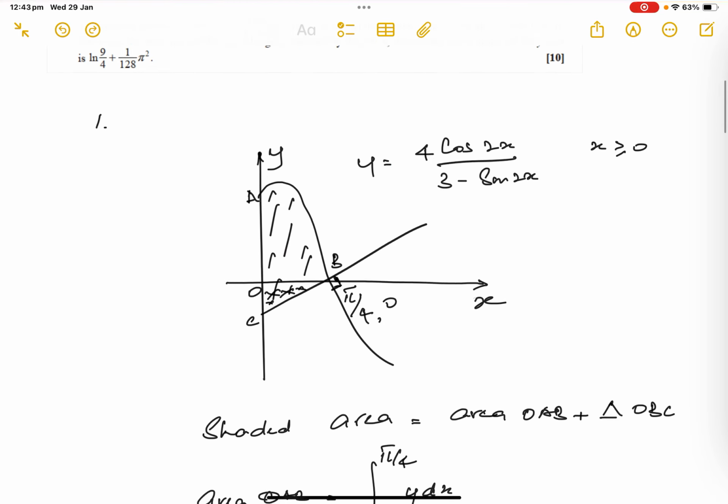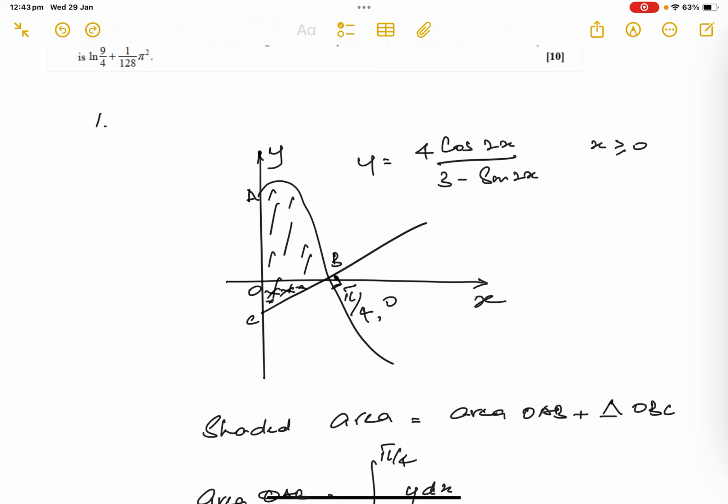I have redrawn the diagram to mark the intersections with the y and x axes. So O, A, B, C, where O is the origin, and y is 4 cos 2x divided by 3 minus sine 2x.